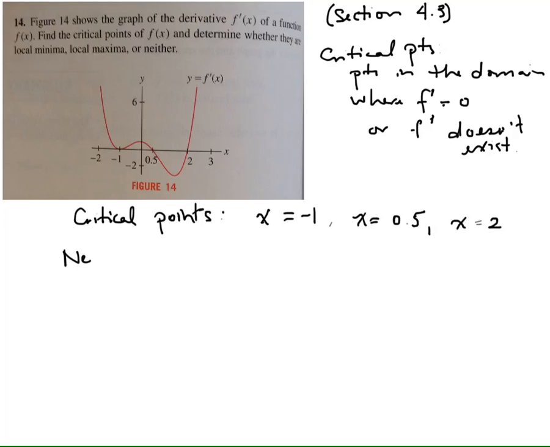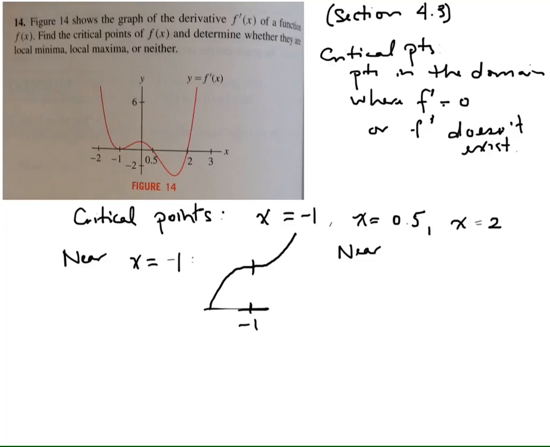So near x equals -1, the original function, f, looks like it's increasing, then at -1 the slope is 0, and then the function continues to increase. So this occurs at -1 down here. So this looks like at -1 we have neither.